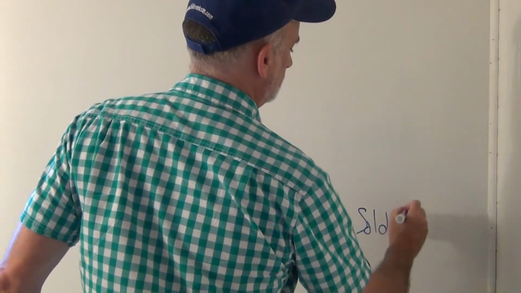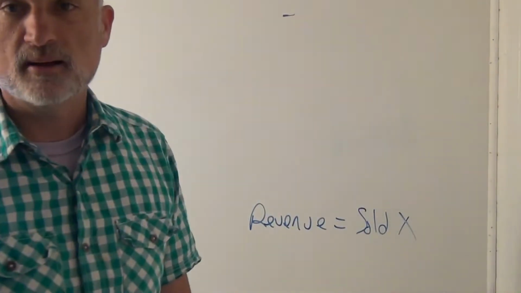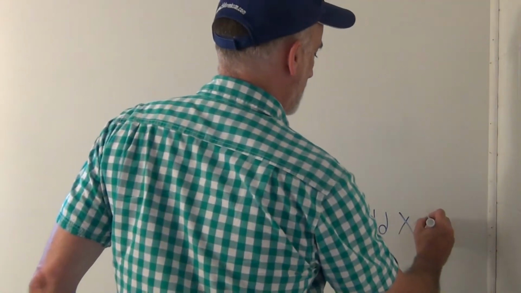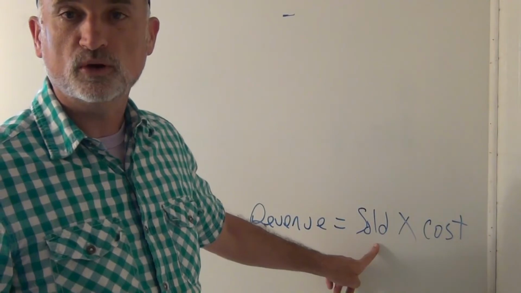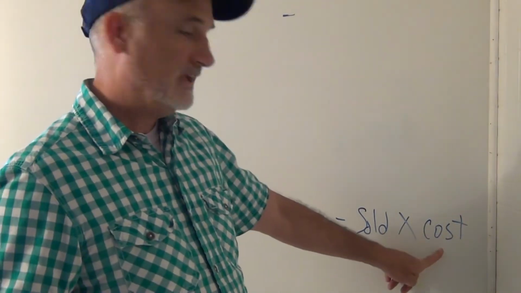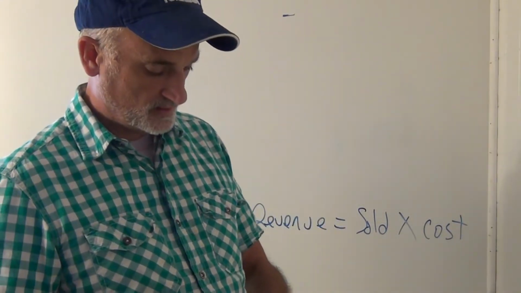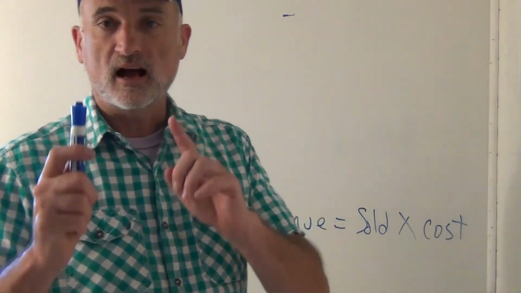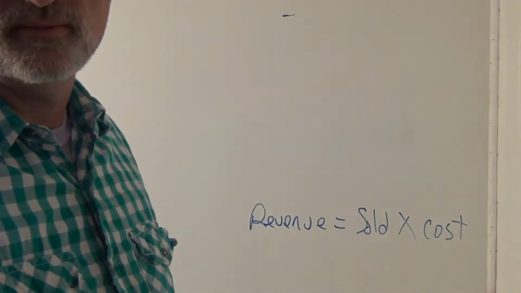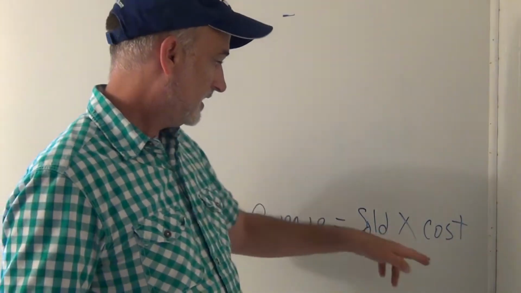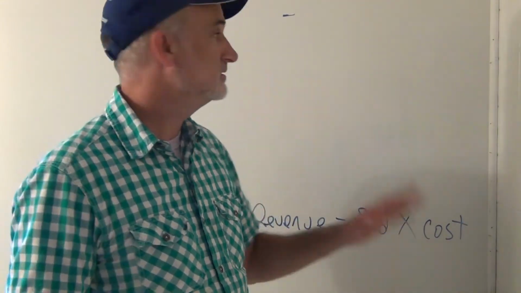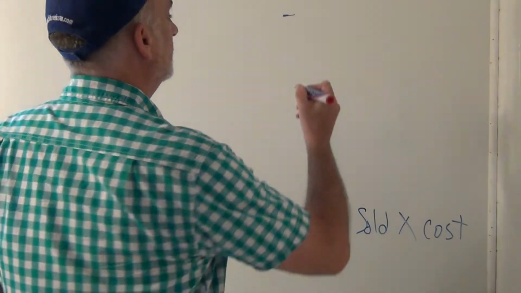Items sold times the cost. And in our example, we had sold 100 of something at $12 a piece. And then I introduced a change. And that change said, I'm going to go up $2 on the cost. So let's look at that for a minute.